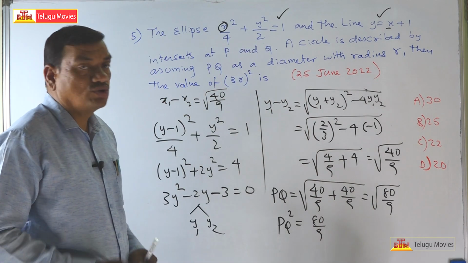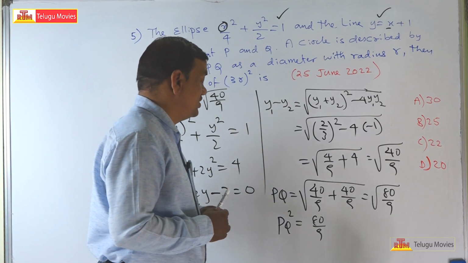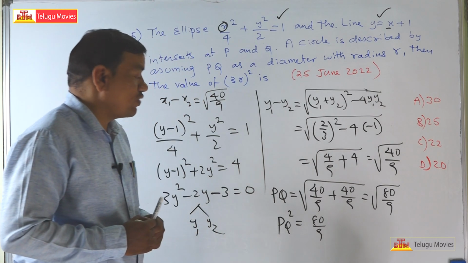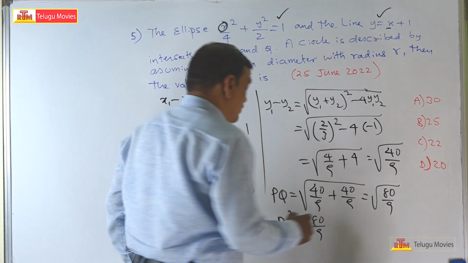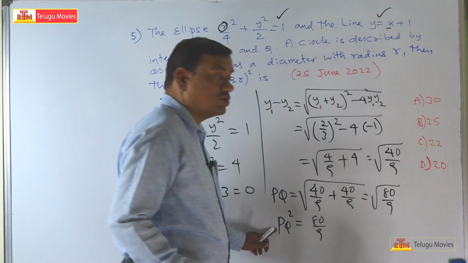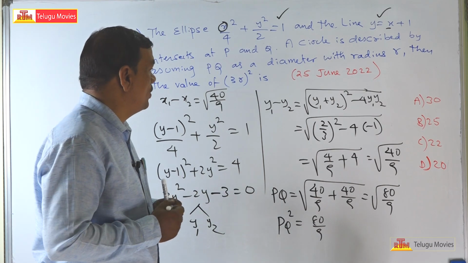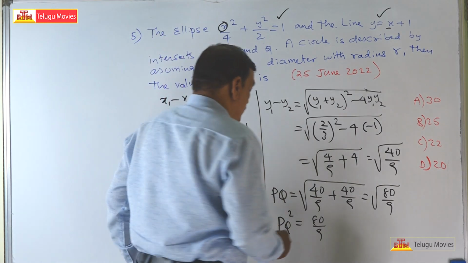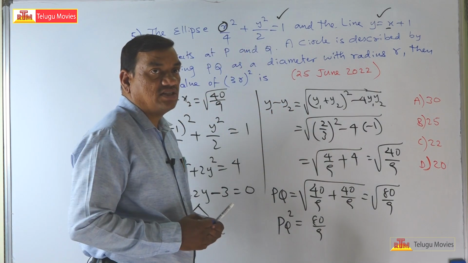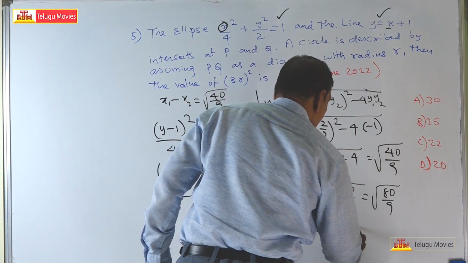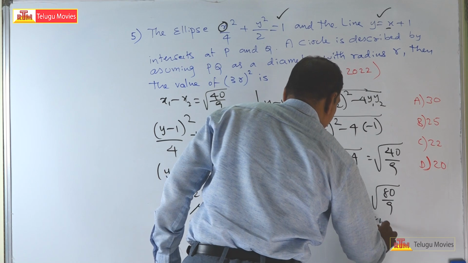Now PQ square means what? Diameter. So PQ square, diameter square, is equal to 80 by 9. D means we can write 2R. In place of D, you can write 2R. So (2R) whole square is equal to 80 by 9.